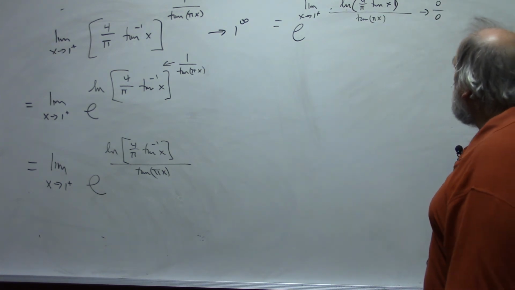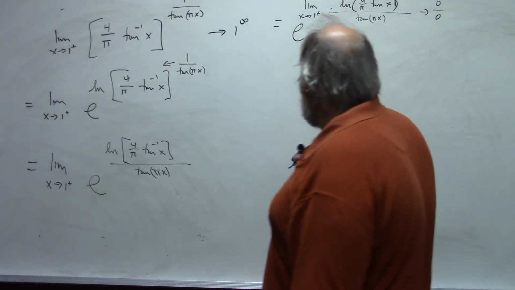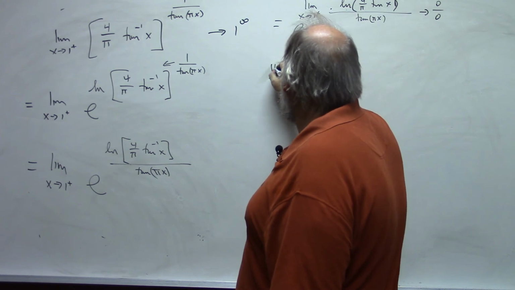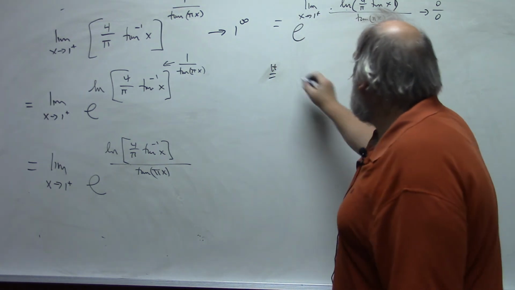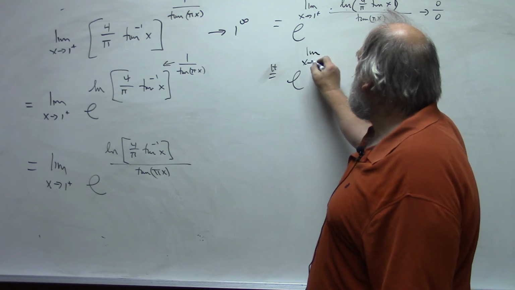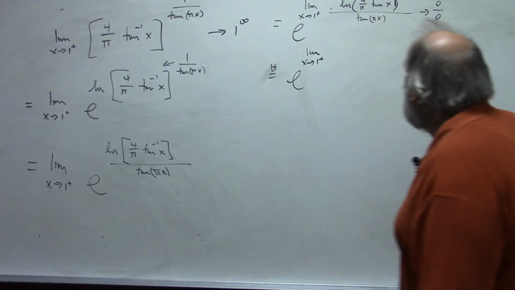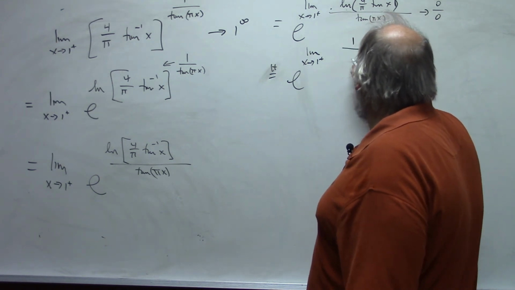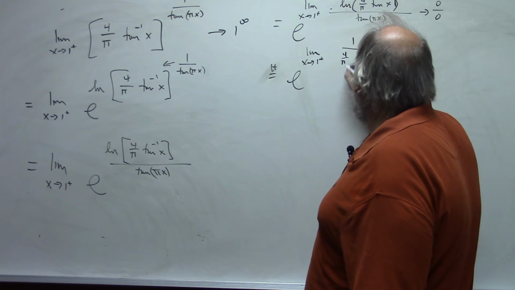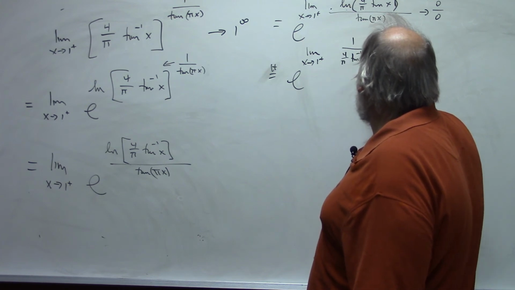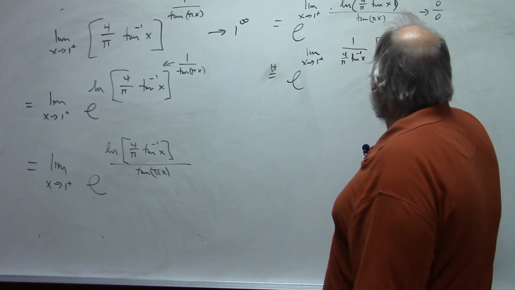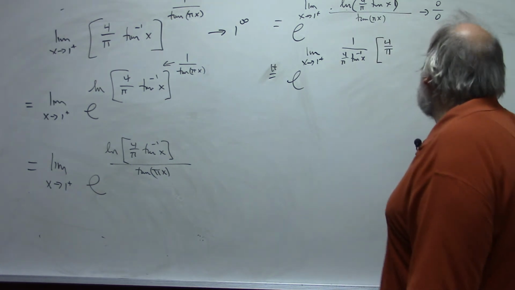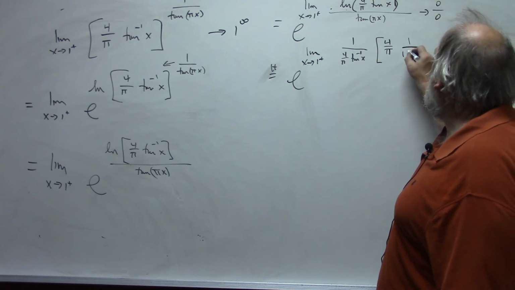So then I can use L'Hopital's, take the derivative. I get e, limit as x approaches 1 from the right. This becomes 1 over 4 over pi arctan of x times the derivative of the inside, which is 4 over pi times 1 over 1 plus x squared.